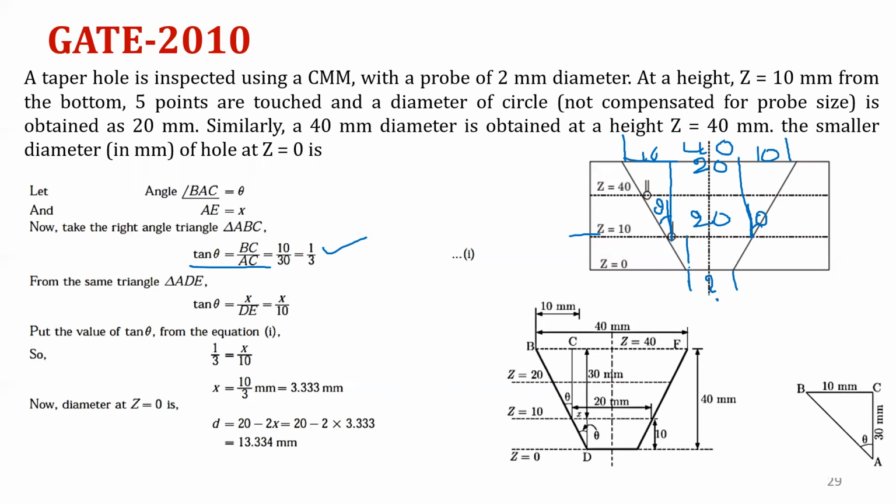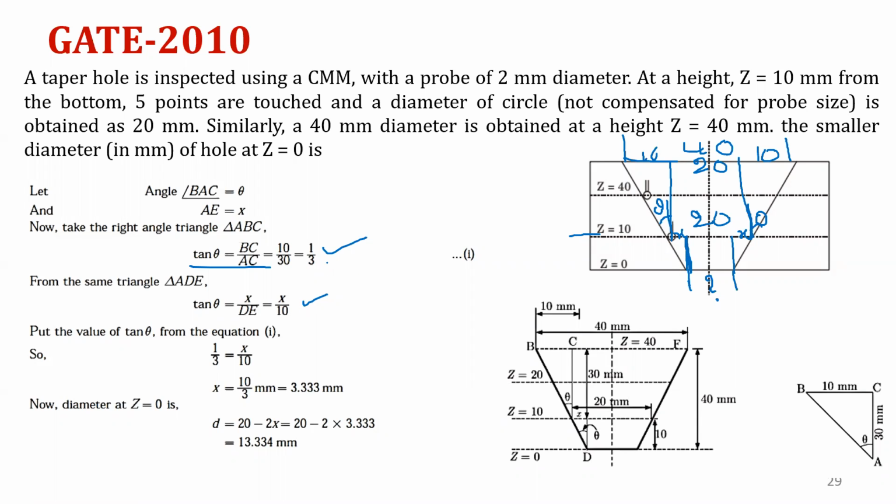Similarly, if you draw a line here and here, let us say this is x, this is also x. If you find this x value, you can calculate the diameter. So tan theta is equal to x by this height. This height is 10, so tan theta is equal to x by 10.